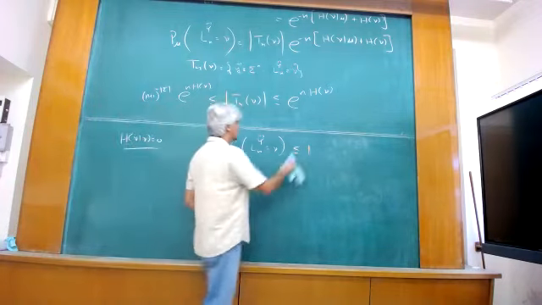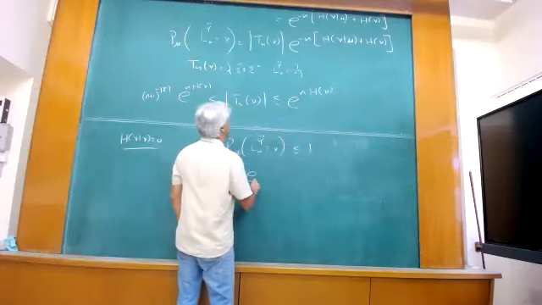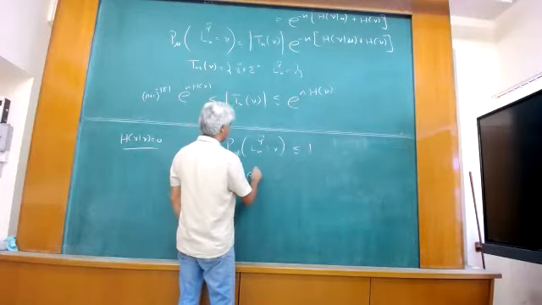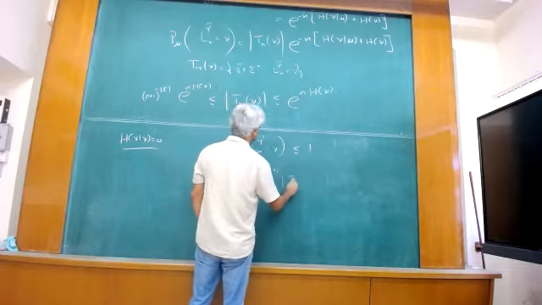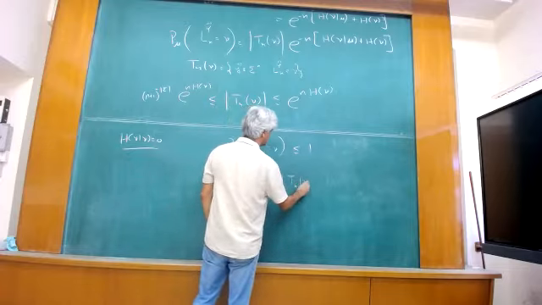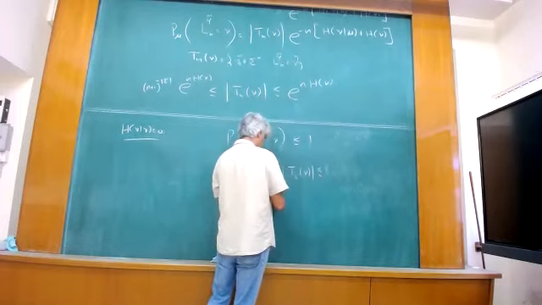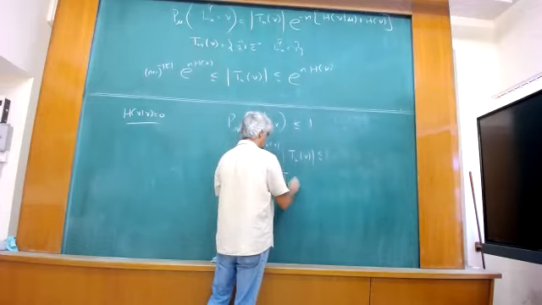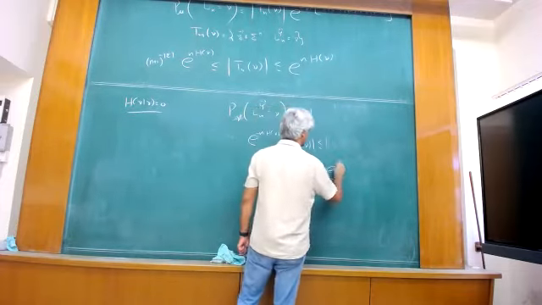So then you get that this probability is less than or equal to 1, hence e to the power minus n H(nu) times T_n(nu) is less than or equal to 1.